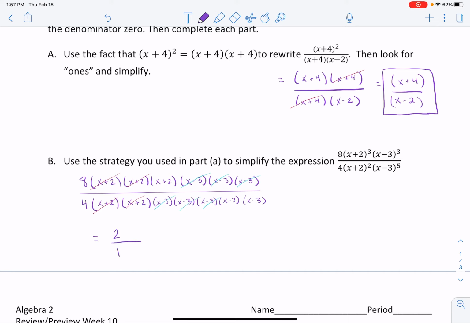And I've got an x plus 2 on the top. And 2x minus 3 is on the bottom here. So I can rewrite that as x minus 3 squared. All right.